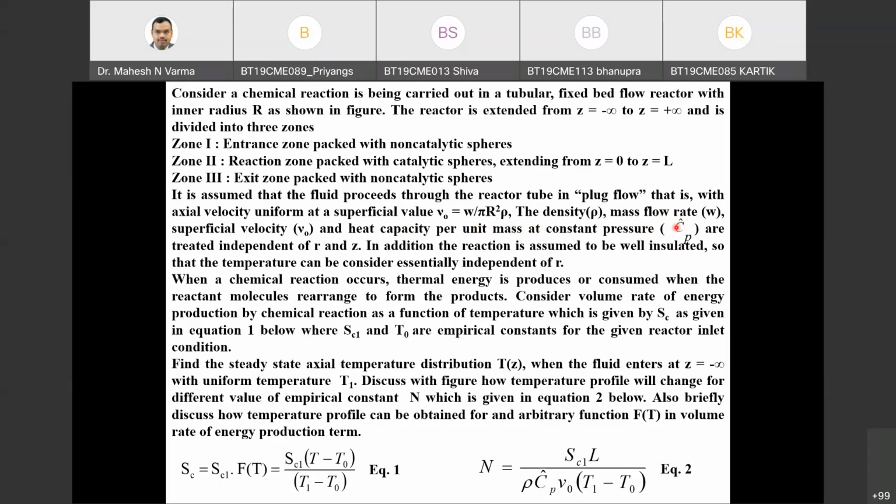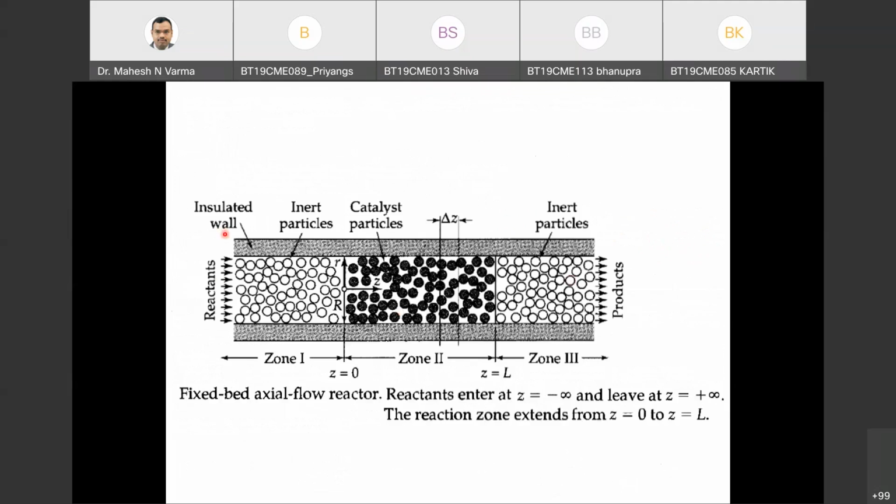This heat capacity per unit mass is treated as independent of R and Z, so we are not considering variation of heat capacity with respect to R and Z. In addition, the reactor is assumed to be wall insulated. So here this wall is insulated. Here I have catalytic particles, and so on.